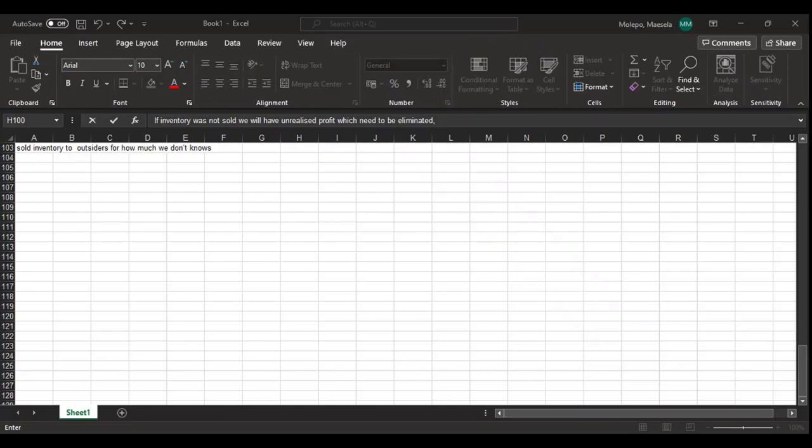A Limited's total sales to B Limited during 2008 amount to 100,000. Required: draft the consolidated annual financial statements of the A Limited group for the year ended 31 December 2008. Nothing changed, so we are still going to do our basis of consolidation as normal.